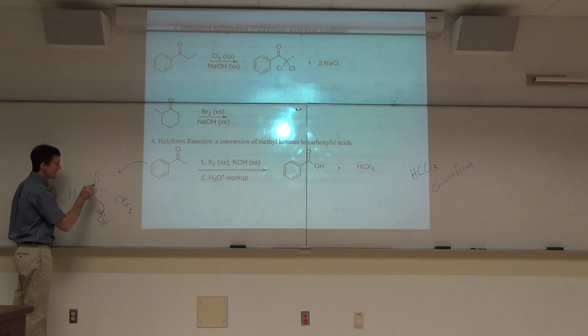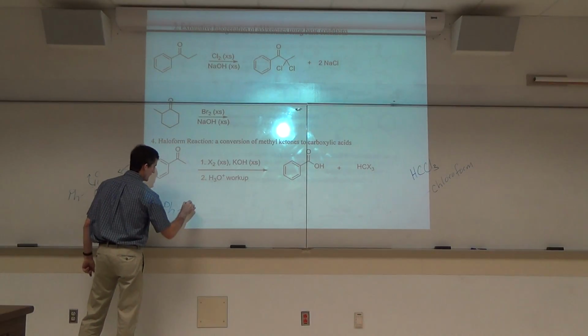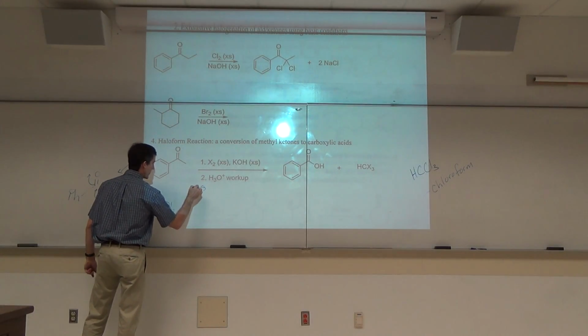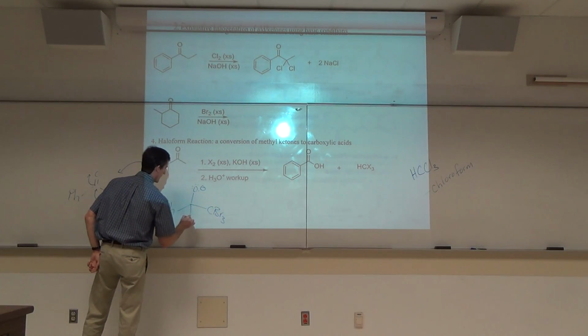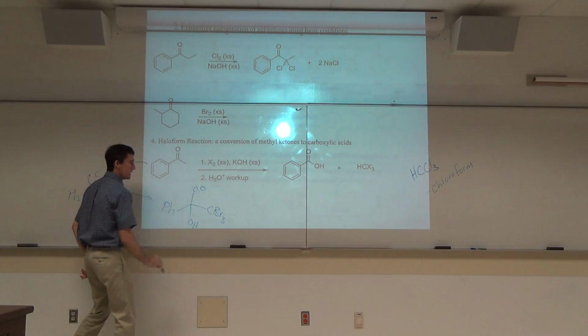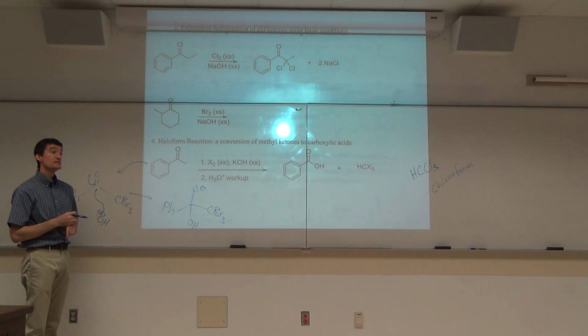Now the hydroxide adds to the carbonyl, electrons up. Nucleophilic addition to carbonyl. Now what happens next? Can you see it?